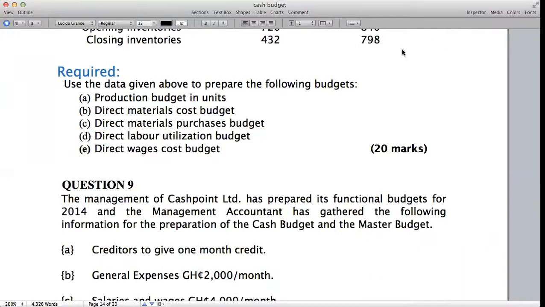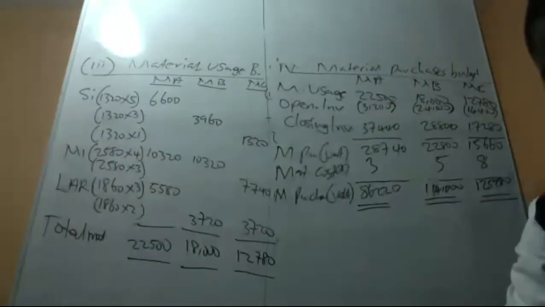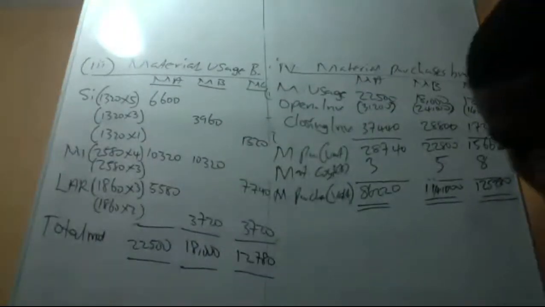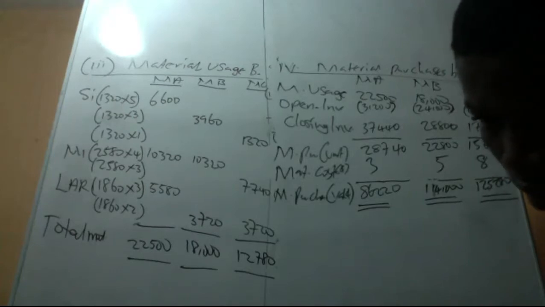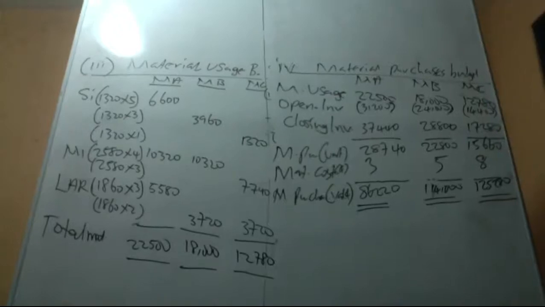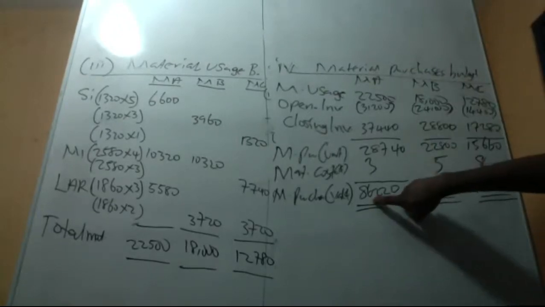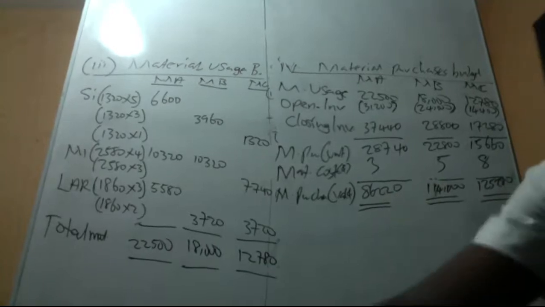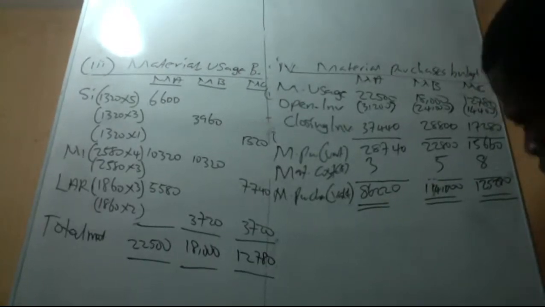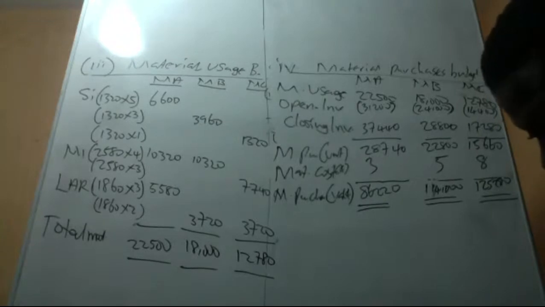The closing figure. Somebody is asking for closing figure. Okay. For material purchase budget, closing figure for MA. MA, the closing figure is 86,222. Is that correct? So that would be 28,740 times 3.